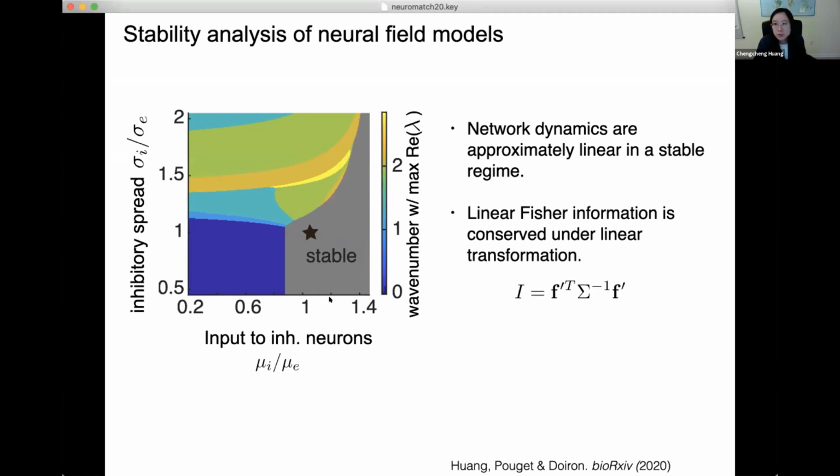Okay, so then that raises the question of how do we modulate the total amount of information in the network? So for example, how does attention modulate information? Our stability analysis of the neural network suggests that we need to go outside of this stable region, into the unstable region where the network can generate pattern forming dynamics.